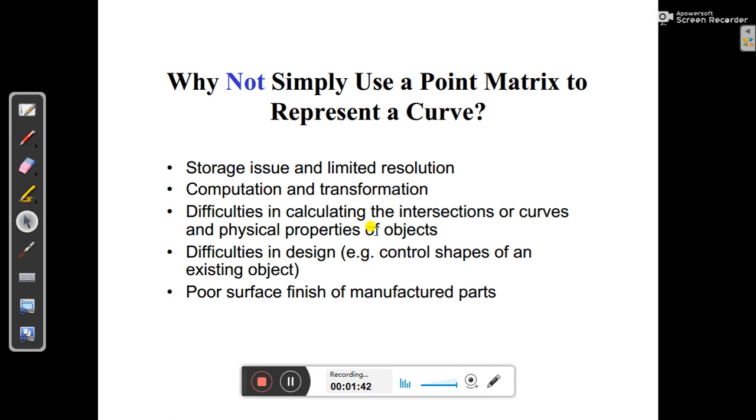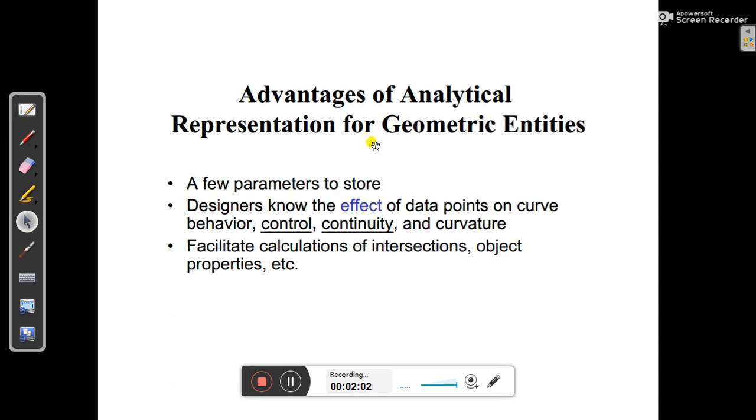So in those kinds of scenarios, it is not a simple task to represent a curve using a point matrix or simple point equations.